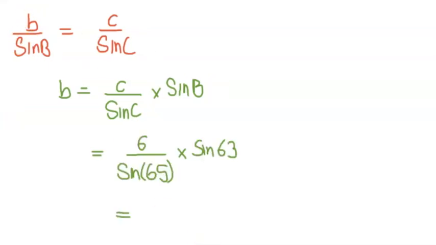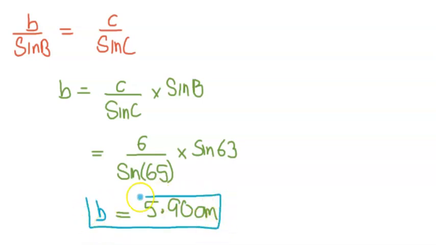So 6 over sine 65 multiplied by sine 63. And that will give you the value 5.89 or 5.90 centimeters. Now the question was finding the perimeter.